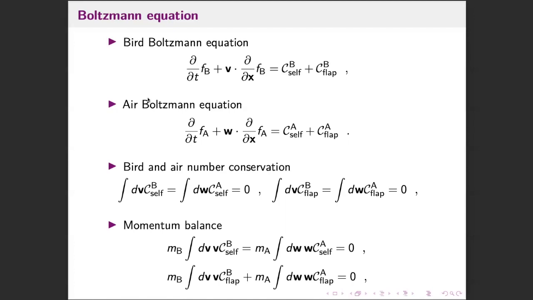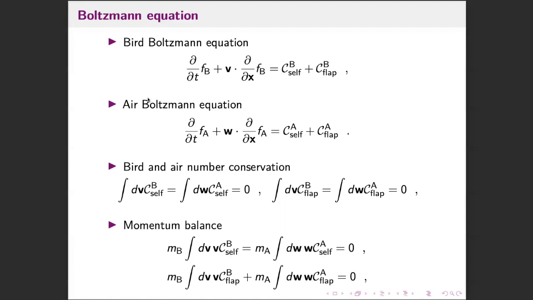Just the velocity, just the X dot, or the self-propulsion? There is no self-propulsion speed, so this is just the velocity, yeah, the X dot. I call this W. That's just the velocity of the air.